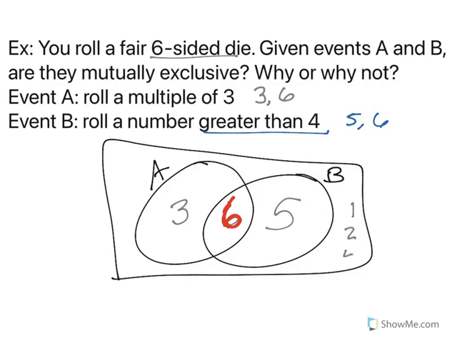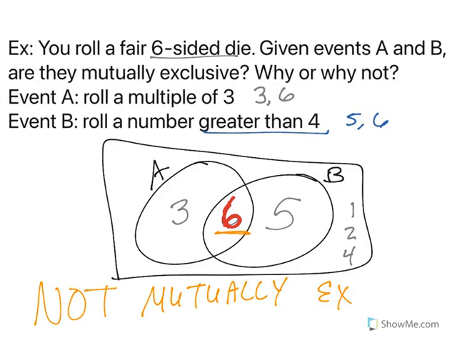That means 1, 2, and 4 would be on the outside because they are not in either event A or B. Now, because they share a common piece, these are not mutually exclusive. And why not? Because they have a shared element. Since they share that 6, they are not mutually exclusive.